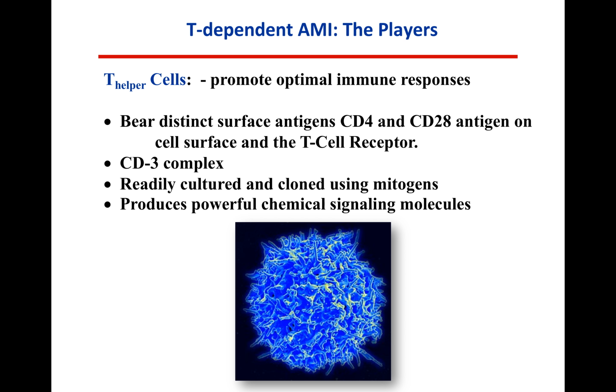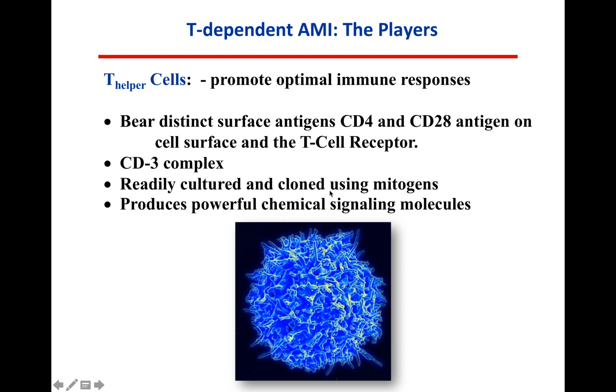They bear distinct surface antigens that are not on B cells but are only on these type of T cells, and those are referred to as CD4 and CD28. These are two types of molecules that you'll find on their surface, as well as a T cell receptor, and we'll have more to say about that later. They also have a CD3 complex, which is necessary for their activation, as we'll see.